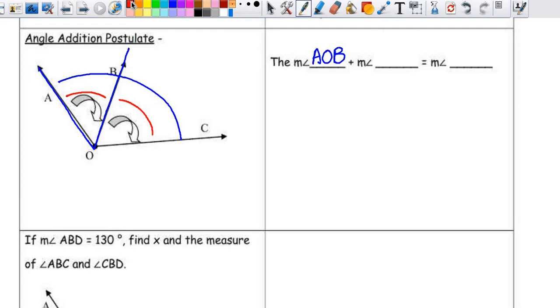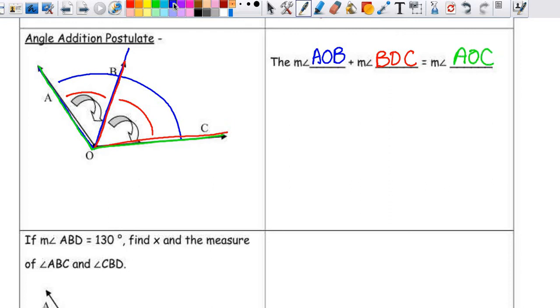And then we would add onto that angle BOC. And what we would result in is the whole thing AOC.